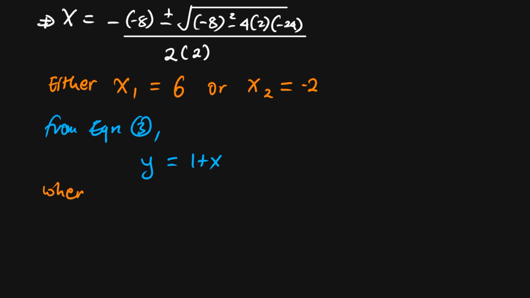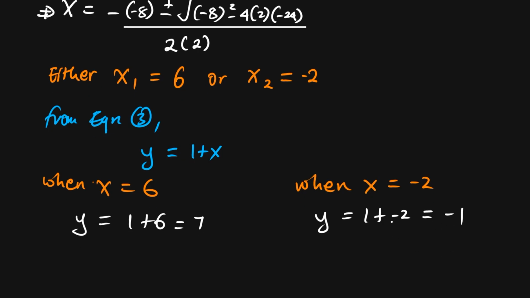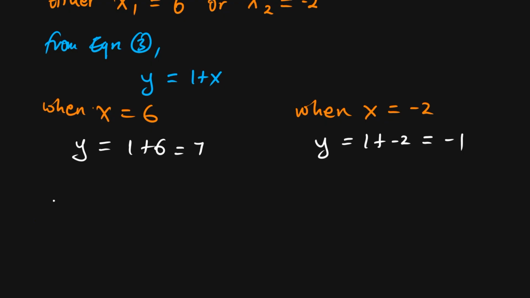When x equals 6, the corresponding value of y will be equal to 1 plus 6, which equals 7. And when x equals negative 2, the corresponding value of y will equal 1 plus negative 2, which equals negative 1. Let's conclude.